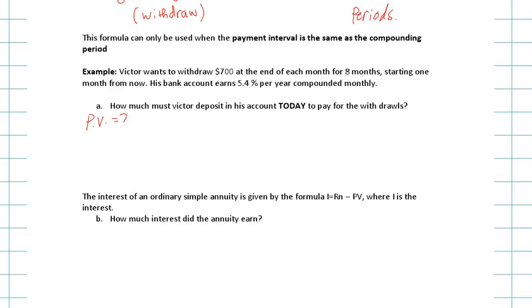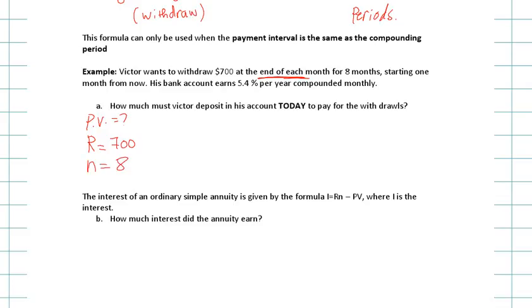I don't know what PV is. What is R? 700. How do you know that this is R and not something else? At the end of each month. That's telling you that it's a regular thing. It's happening every month. For 8 months, so what does that represent?